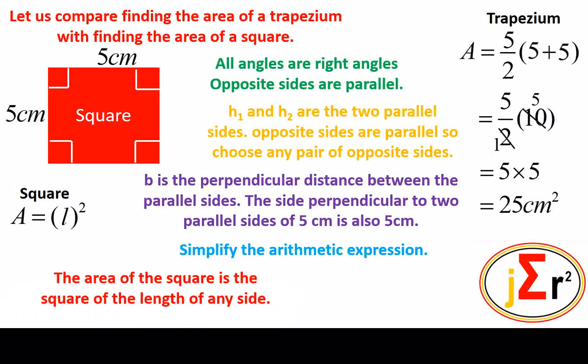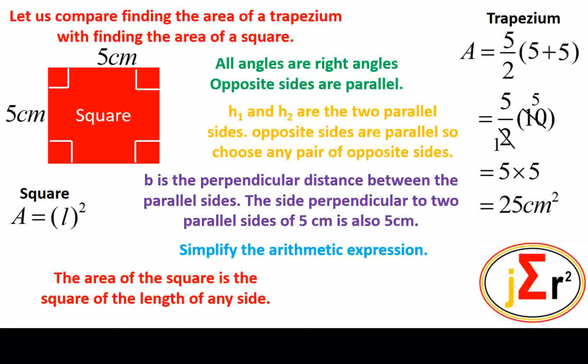Also, we will take a look at the typical way of finding the area of a square. The area of a square is the square of the length of any side. All sides are equal.